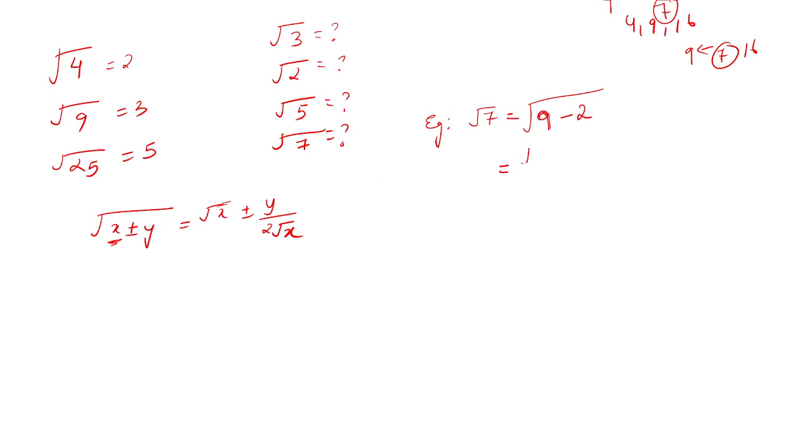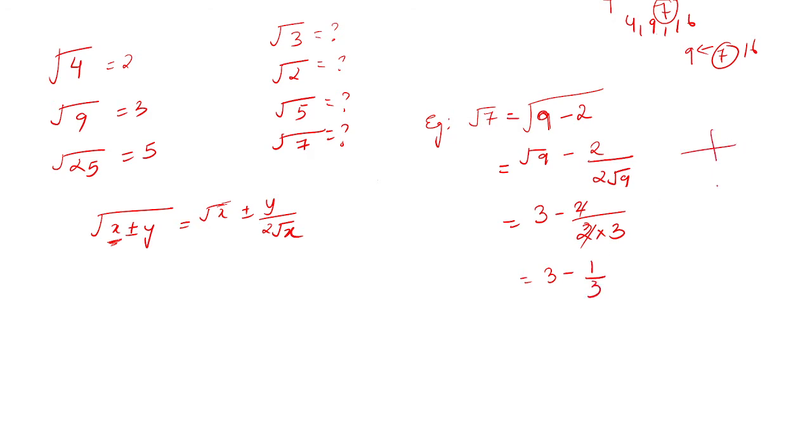So finally I can write the formula: root x is root 9. I have written minus here, so you put minus. The value of y is 2, over 2 root 9. Clear? So root 9 becomes 3 minus 2 by 2 into 3. You cancel them out, so you finally have 3 minus 1 by 3.